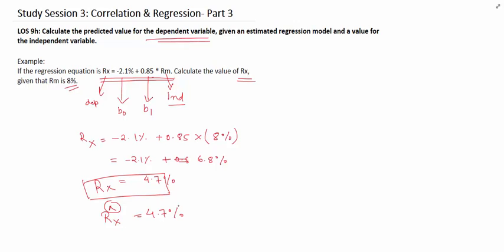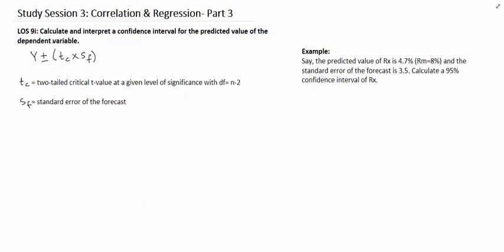The last part of this video talks about calculating a confidence interval for this predicted value. Let's see how we can do that. We calculate this in a very similar manner as we did for calculating the confidence interval for the regression coefficient.